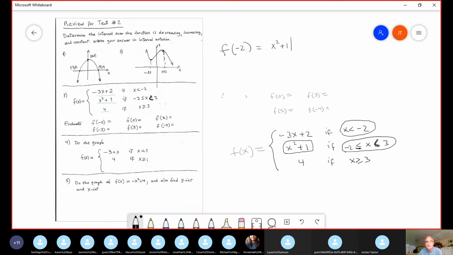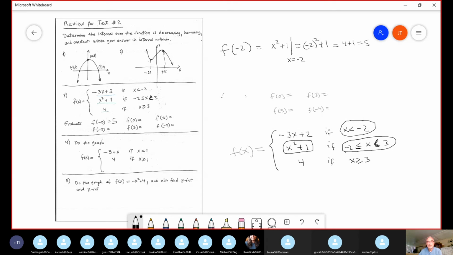Let me use this convenient notation. You put this line for x equal minus 2 and replace here. It's minus 2 squared plus 1. Minus 2 squared is 4, plus 1 is 5. This is my first answer. The answer is 5.